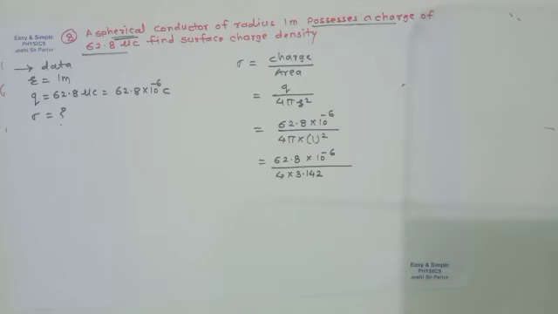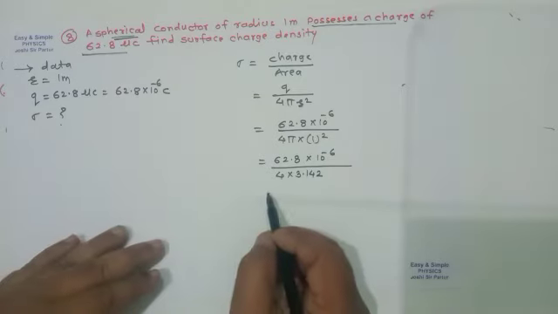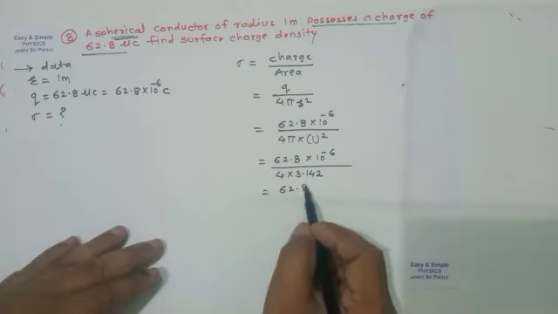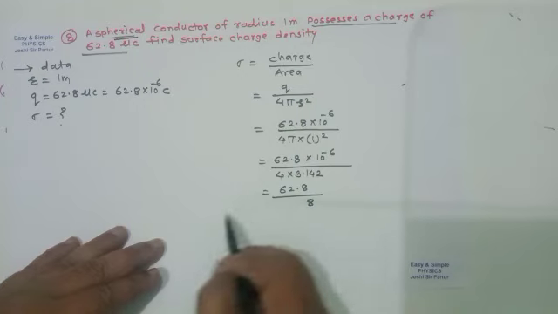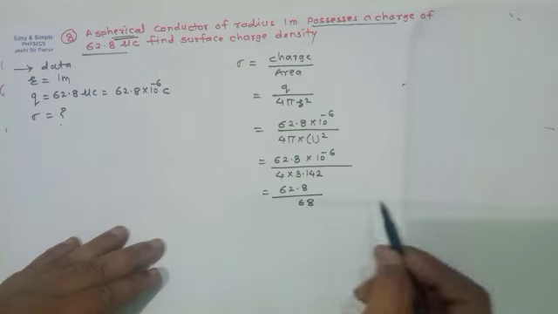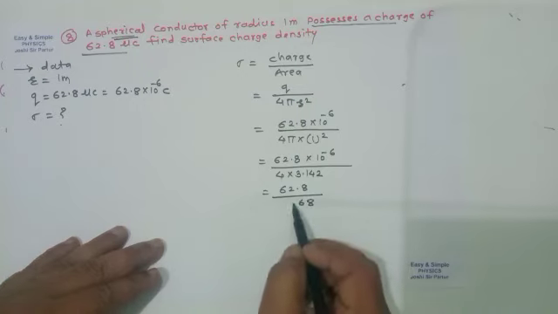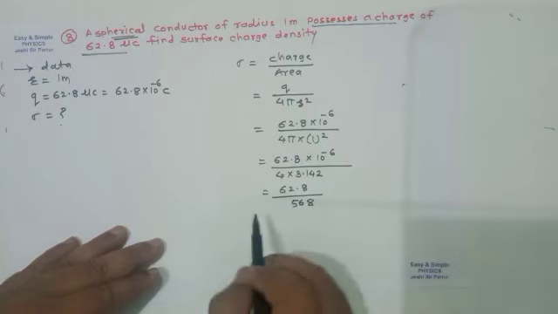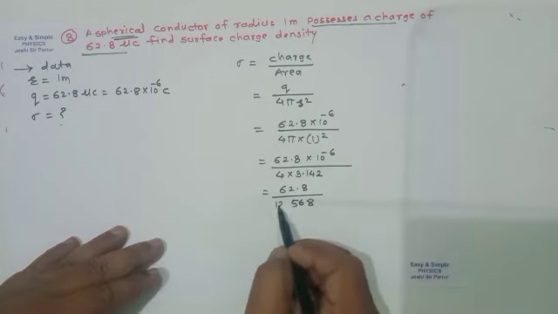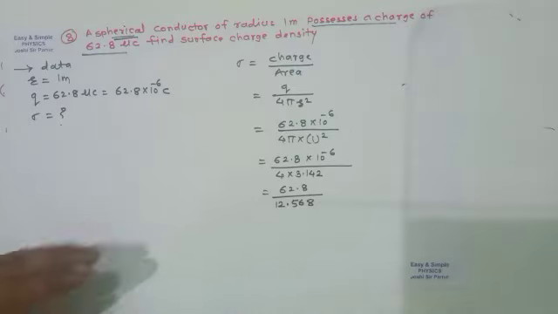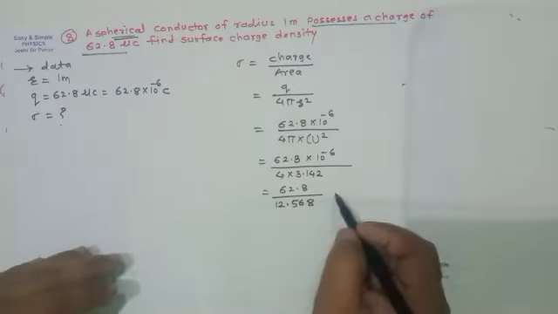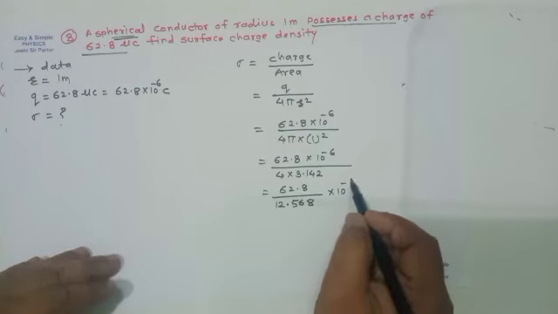If we use multiplication by 4, 4 into 2 is 8, 4 into 4 is 16, 1 is remaining, 4 into 1 is 4 and 1 is 5, and 4 into 3 will be 12. So 62.8 upon 12.568 into 10 raised to minus 6.